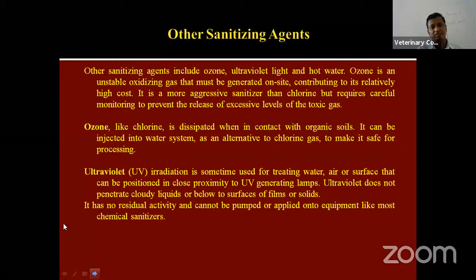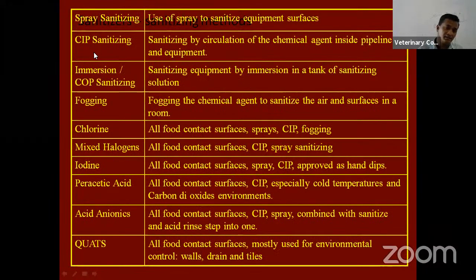So like this, the sanitizers are applied in various ways, either as a single entity or compounded with other substances. They can be applied as a liquid, or as a gas, in the form of a mist or fog. So this is the flow.